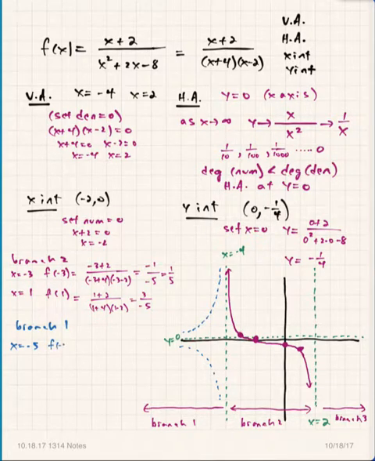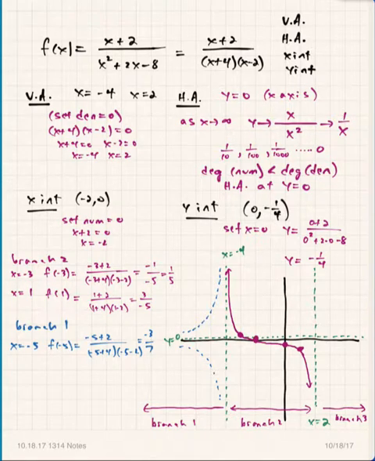So we look at f of -5, and we get -5 plus 2 over -5 plus 4 times -5 minus 2. And so that gives us -3 in the numerator, and in the denominator, I get -1 times -7, so that's +7.